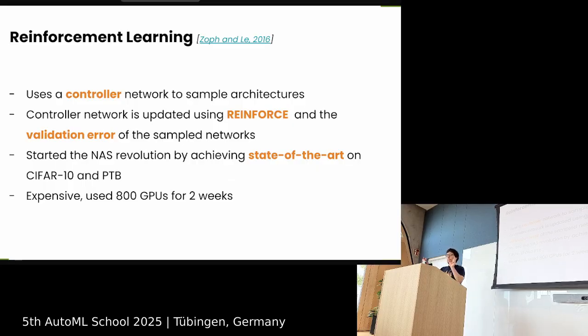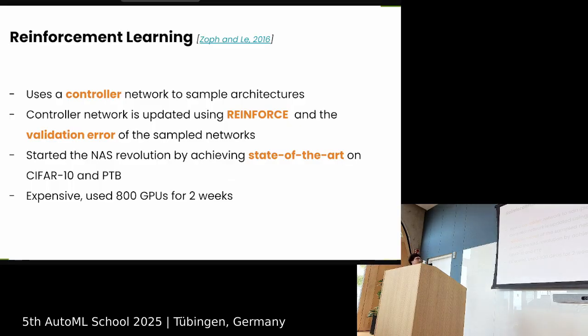And you reward essentially that controller network that samples architectures, and you validate this architecture, you get a validation error back, and you take that essentially as a reward for your reinforcement learning method. And back then it was quite successful.